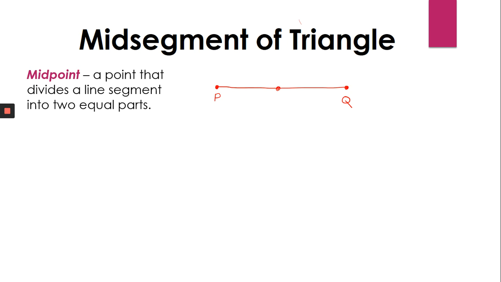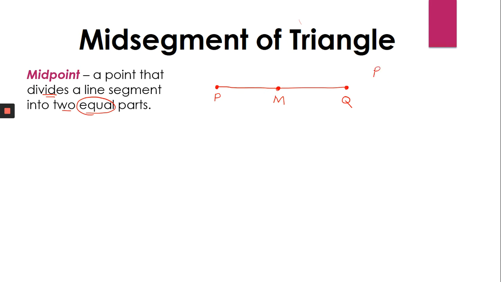It should divide the line segment into two equal parts. Let's say this point is point M, the midpoint of PQ.